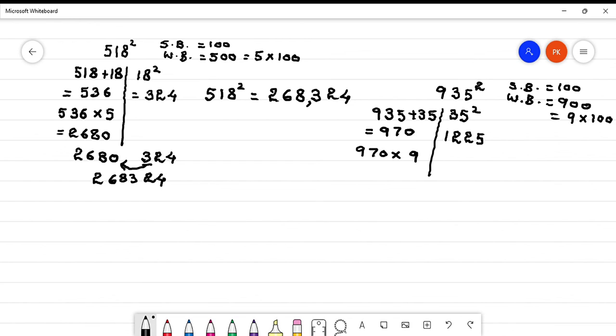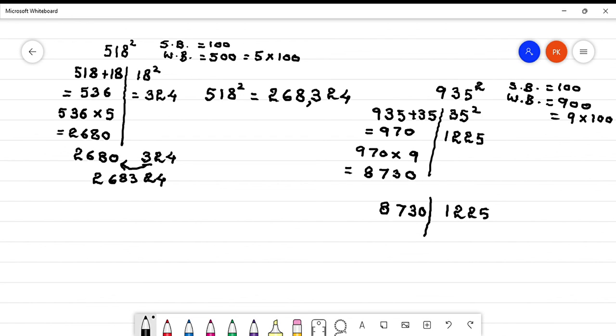How much is that? 8,730. Okay. So, on the left of the partition, 8,730. On the right of the partition, 1,225.